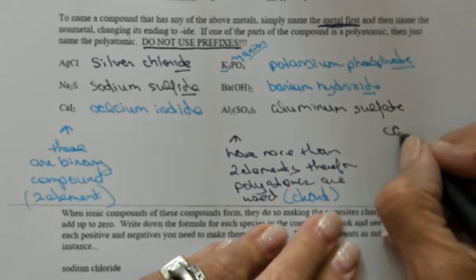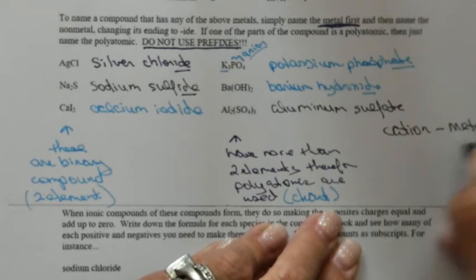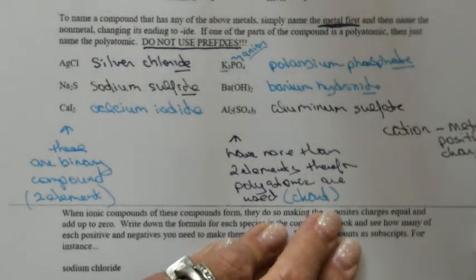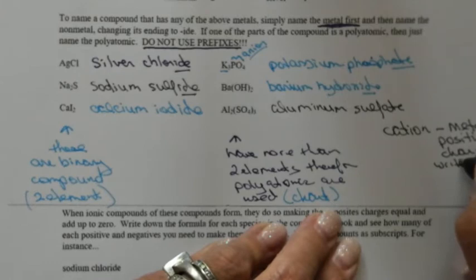Remember, cations, metals, have positive charge, and are written first.